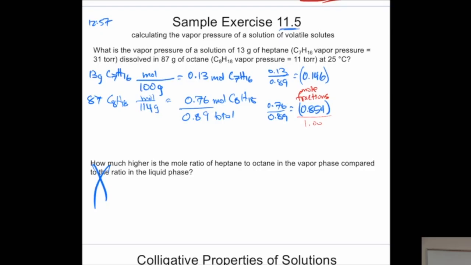Now we multiply these by their vapor pressure. Heptane has a vapor pressure of 31 torr, and the octane has a vapor pressure of 11 torr now. So it was 10 before. Now it's 11. Maybe we'll talk about why there's a difference, but it's 10 versus 11. Maybe it's rounding. I don't want to get off course. We can talk about it if you want.